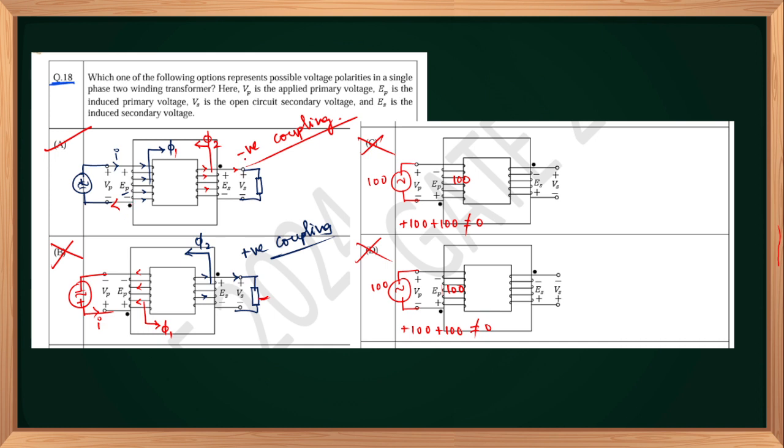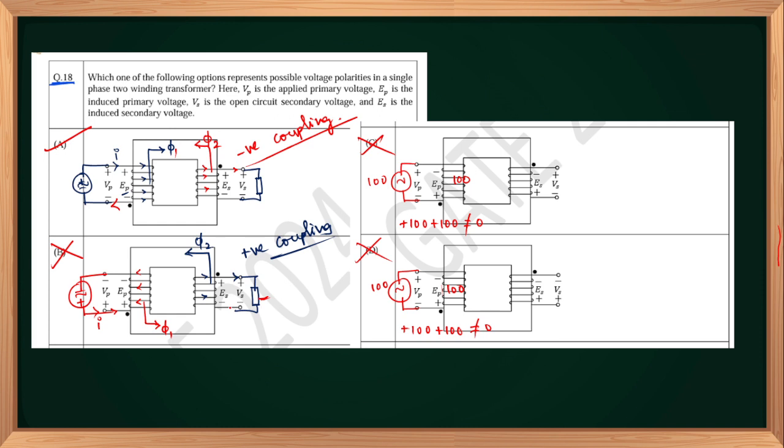So definitely it's a negative coupling. And you see here the current is entering at the bottom terminal, and current is leaving at the top terminal. If current is entering at the bottom terminal, then current should leave at the bottom terminal. Then only you can say negative coupling.